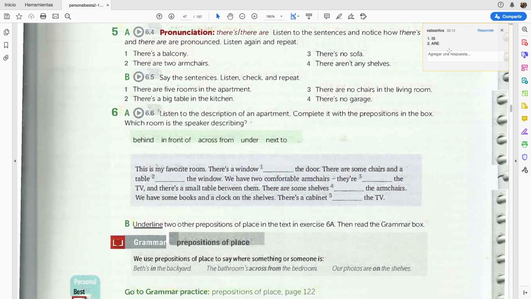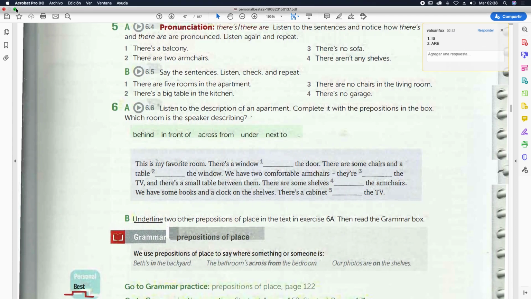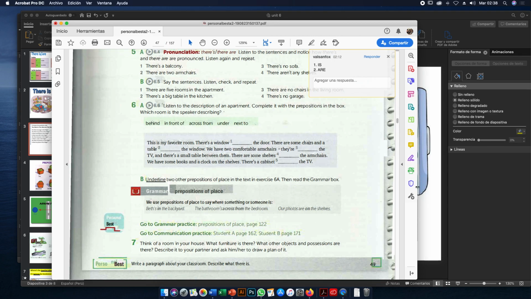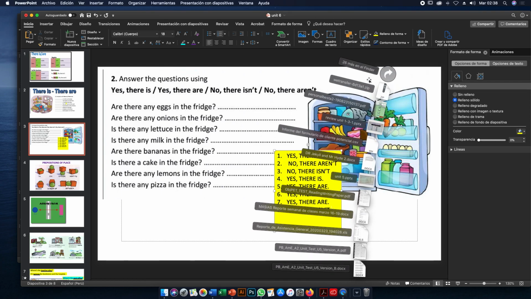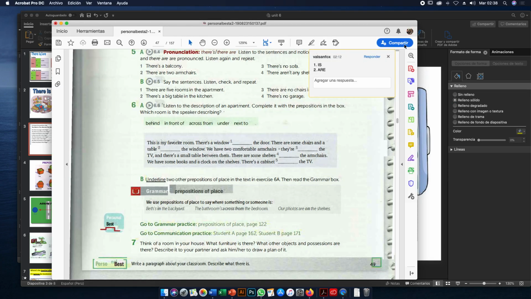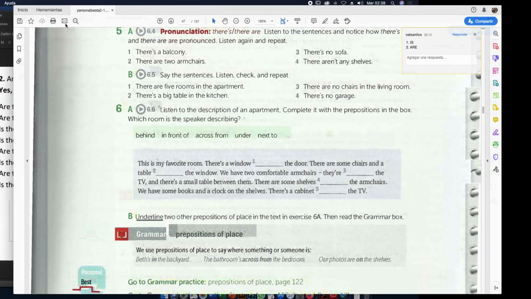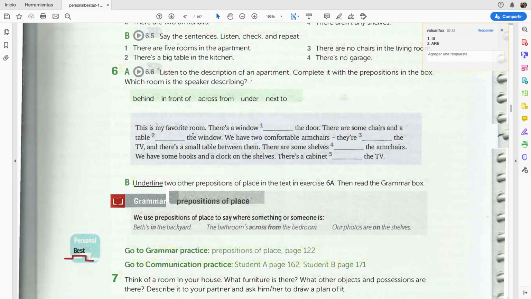Now, if you had noticed before, here in your book there is an activity that says you need to complete the sentences using these words. But there is a problem. We don't know what kind of words they are, and we don't know when or how we use these kind of words.